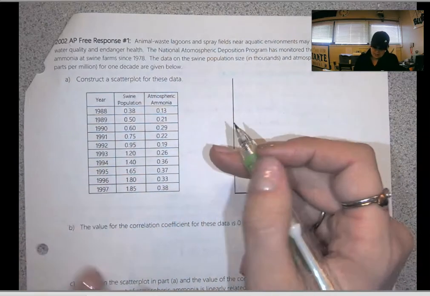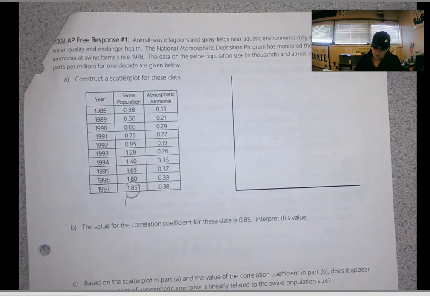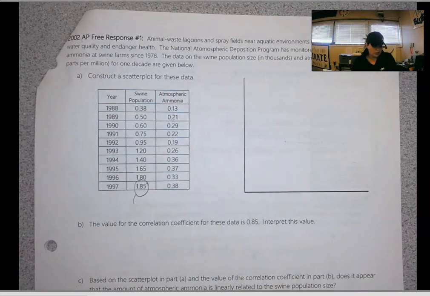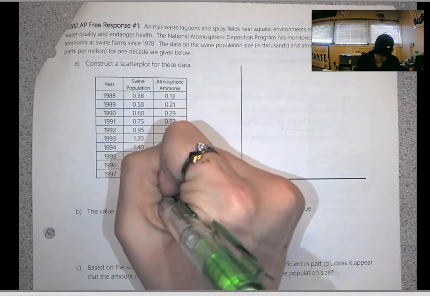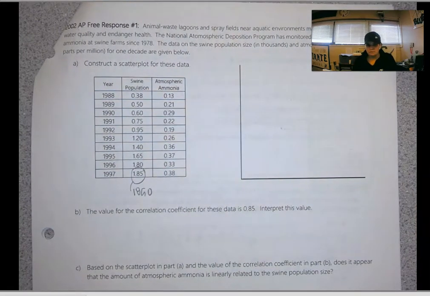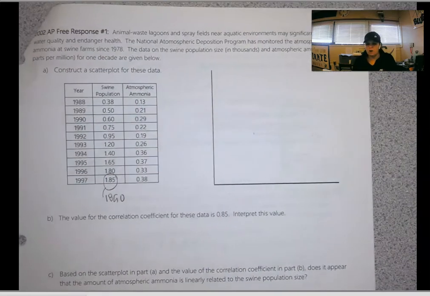So that means that this relates to a swine population of, I believe it's 1,850. And then atmospheric ammonia is in parts per million.